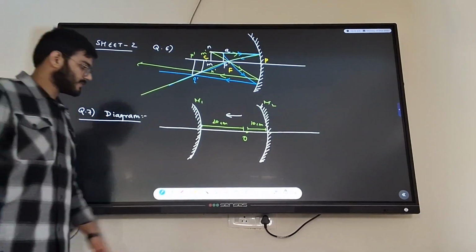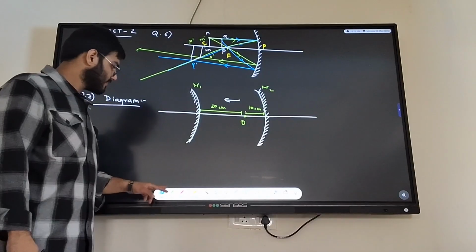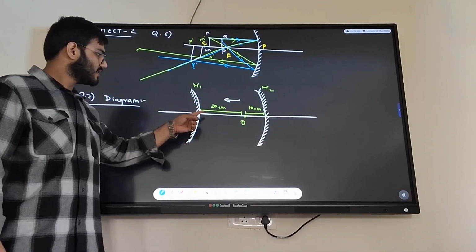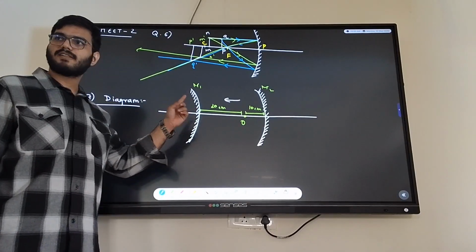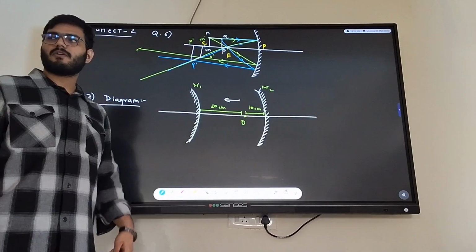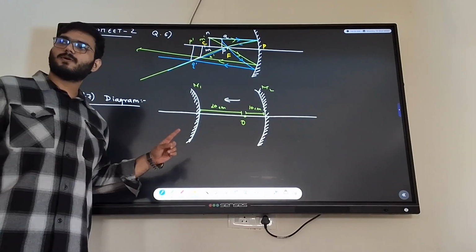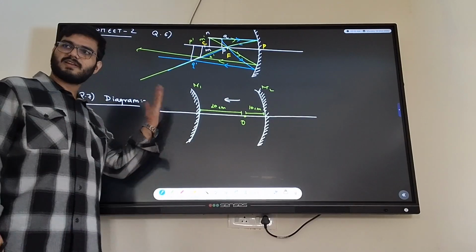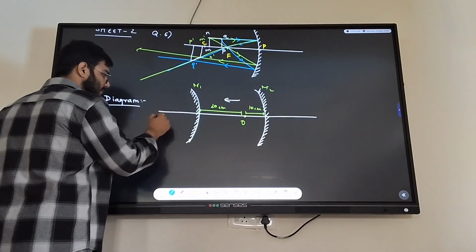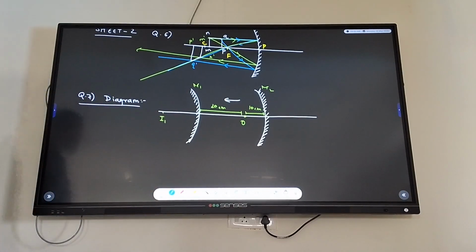Now, what is the focal length? For a convex mirror, what kind of image do you get every time? A virtual image. So where should you hope to find the image? Left. Somewhere here. So you hope to find the image somewhere here.